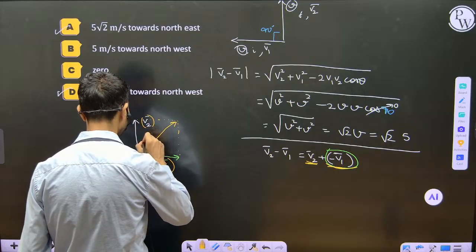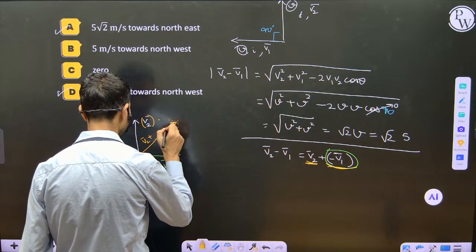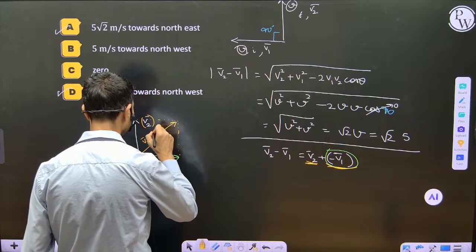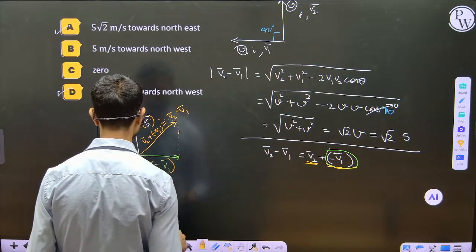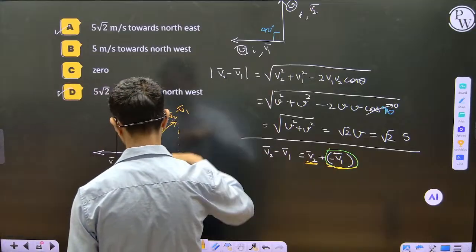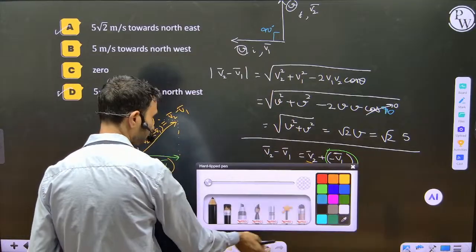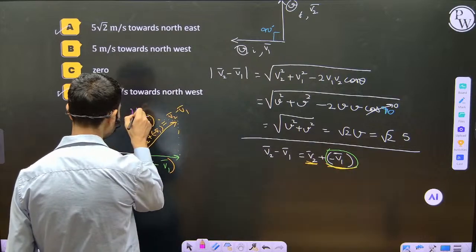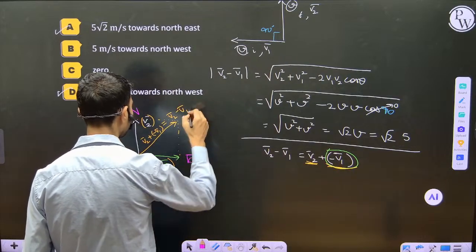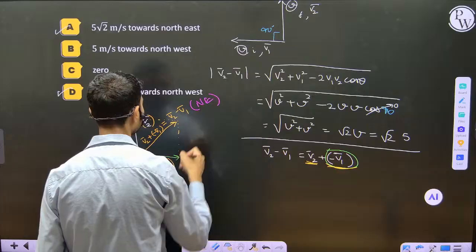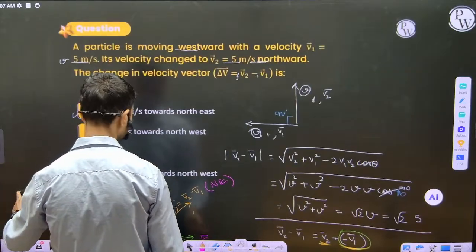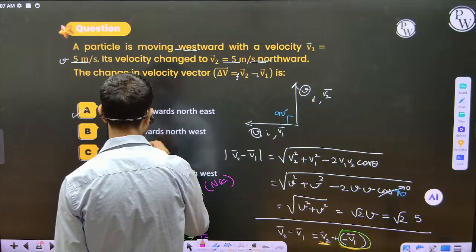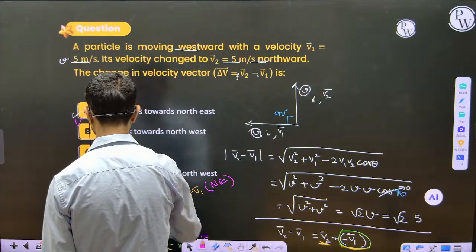Which two vectors? v2 plus minus v1, which is basically v2 minus v1, which is what we wanted to find out, and it's coming out in this direction. Now what is this direction? This is north, this is east, so this is coming northeast. So which option are we getting? Northeast. This is wrong.